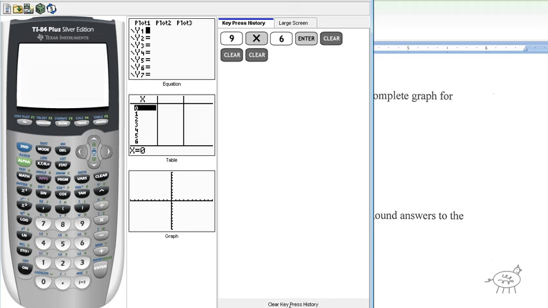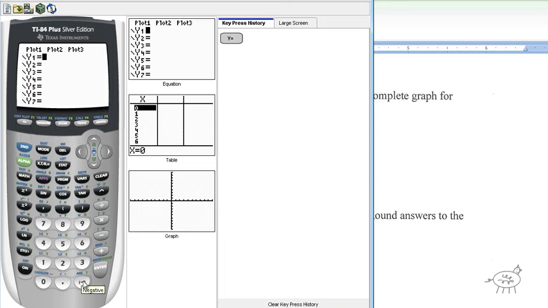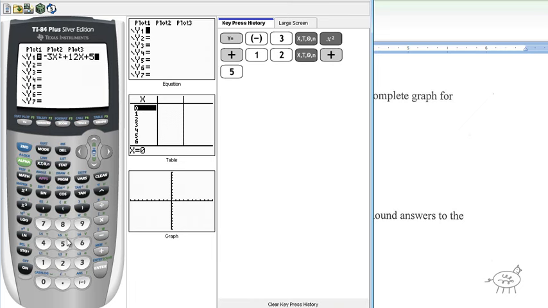Let's just type it in: y equals negative 3x squared plus 12x plus 5. And you have to be good with the zoom keys.